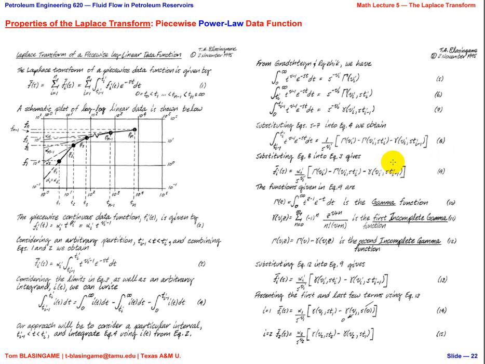Another method, which is very similar to the previous one, you'll see why, is the piecewise log-linear data function. So if you have a set of data, again, t and f(t), right? And in here, note the scale, it is logarithmic scale here, and this is logarithmic scale here, right?